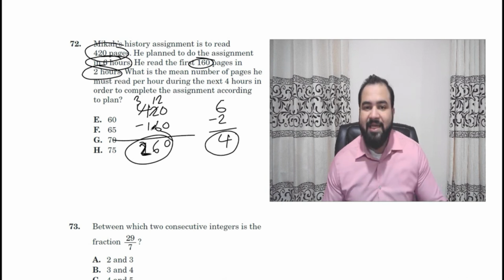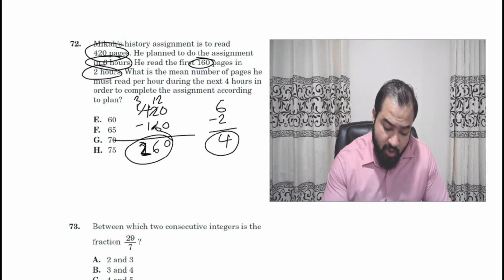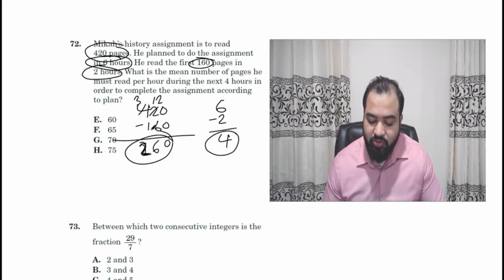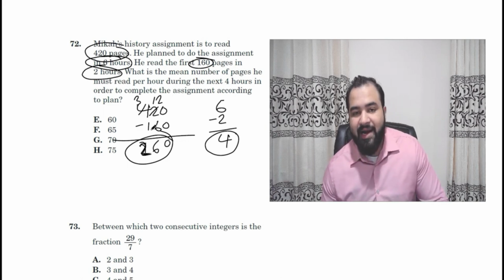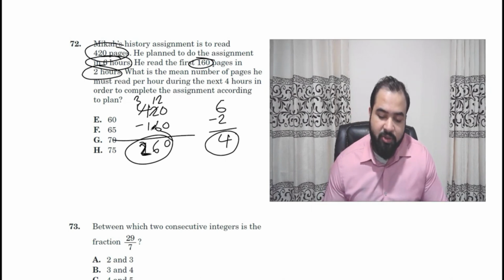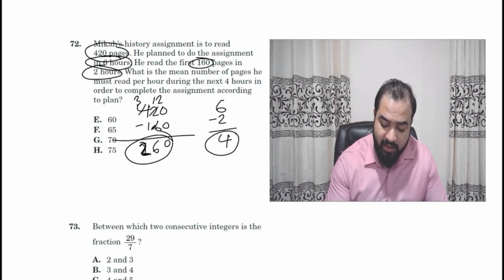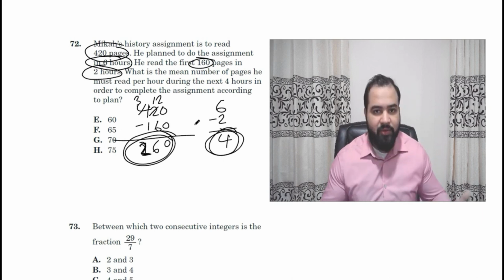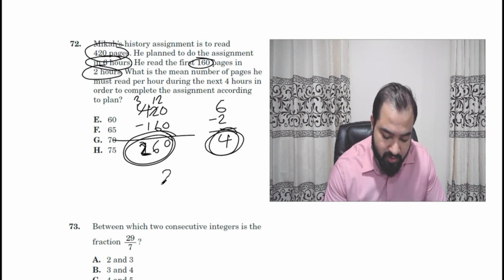Now the question is asking, what is the mean number of pages he must read per hour during the next 4 hours in order to complete the assignment. Now the mean number, so we know that the sum total pages is 260, and there are 4 hours. If you want to find the mean, what do we gotta do? Divide. So 260 divided by 4.